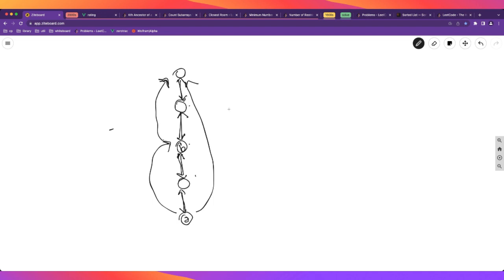So in terms of the table that we want to compute, let's say that we have a table called ancestor, and first we're going to say what is the 4th ancestor of the node A.